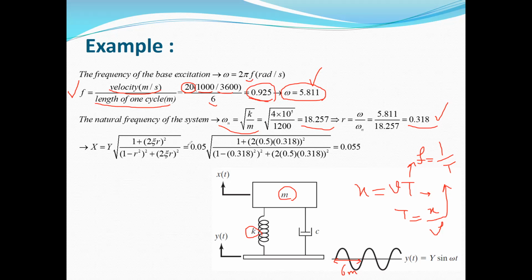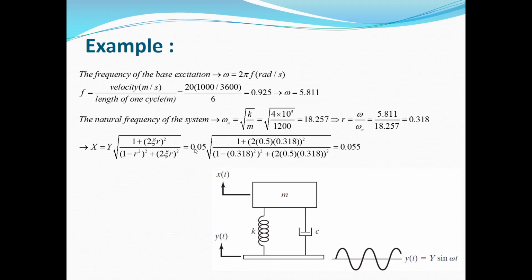Now to calculate the maximum amplitude of the response, we can substitute the damping ratio, which is 0.5, and also we have R, and you will see that the response is 0.055. So you can see the amplitude of the base excitation. Let me go back to the previous slide. Here it is 0.05.